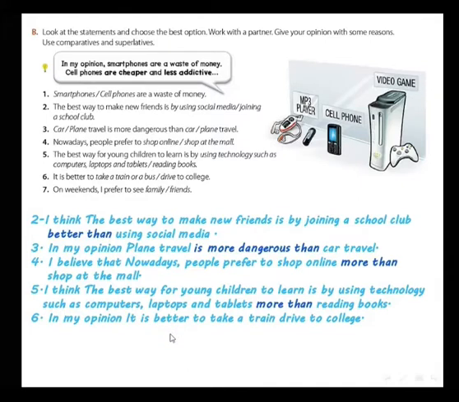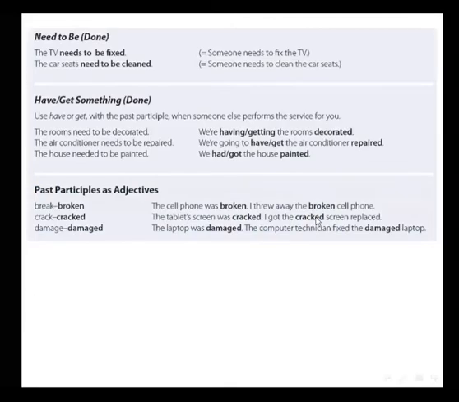So, on weekends I prefer to see family more than to see friends. Now, we will use the structure need to be done. Need to be done. For example, this car needs to be repaired.